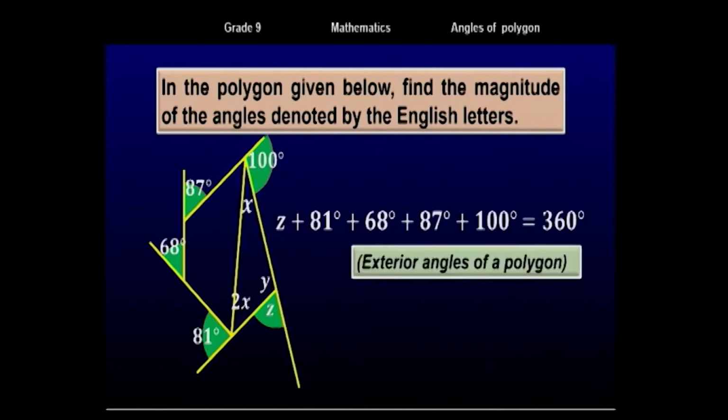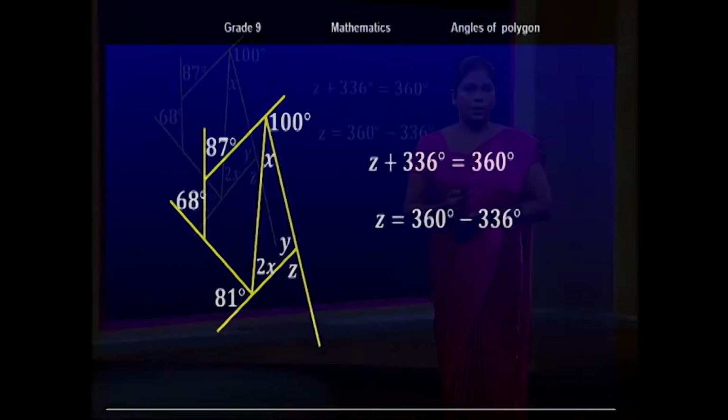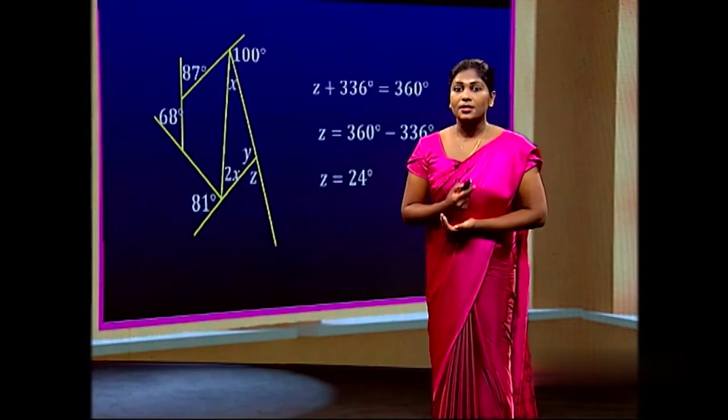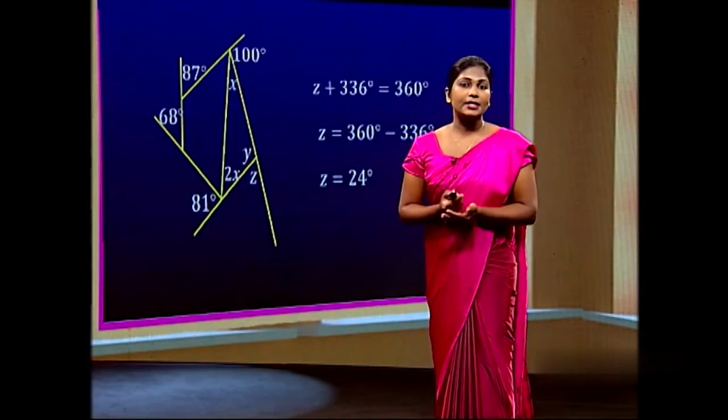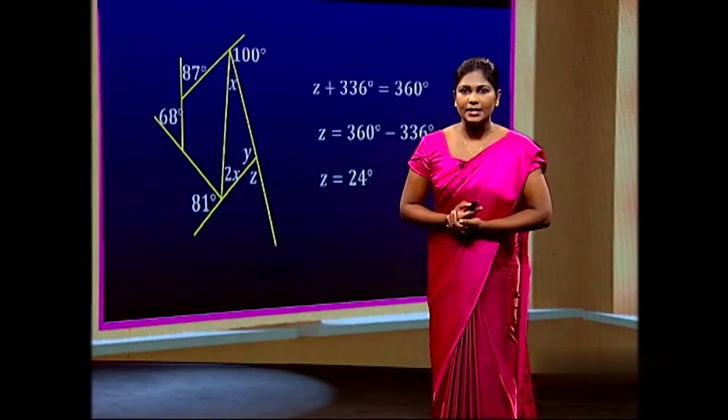Then we have to simplify. z plus 336 is equal to 360. Then you can obtain z is equal to 360 minus 336. What is the value? z is equal to 24 degrees.